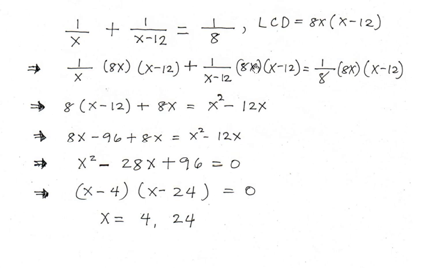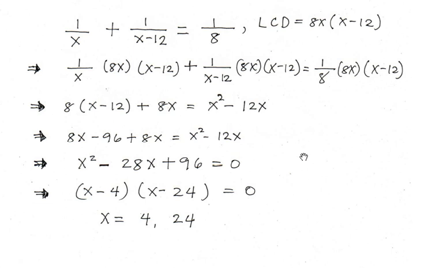So the 8x will be left, cancelling out x minus 12 and x minus 12, equals the 1/8 times the 8 will be cancelled. That's 1 times x times quantity x minus 12. So that becomes, now expanding, x times x becomes x squared, and x times negative 12 is minus 12x.